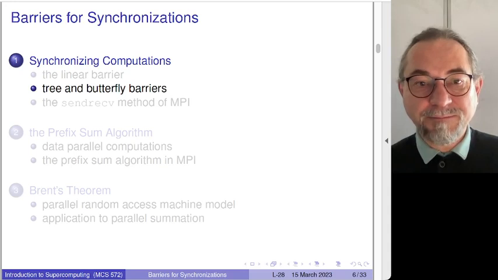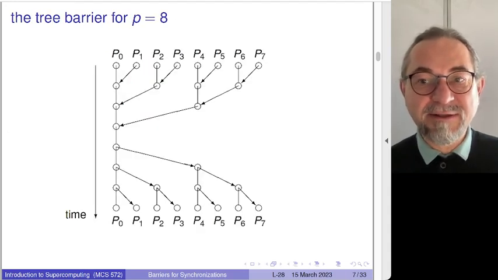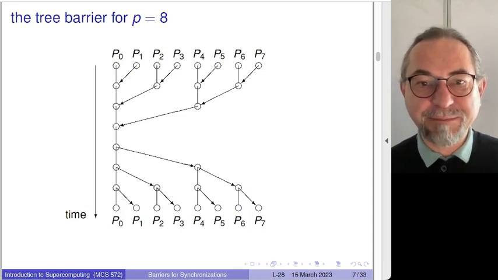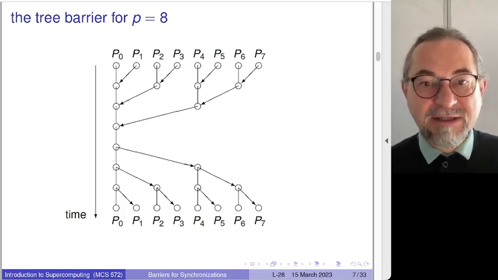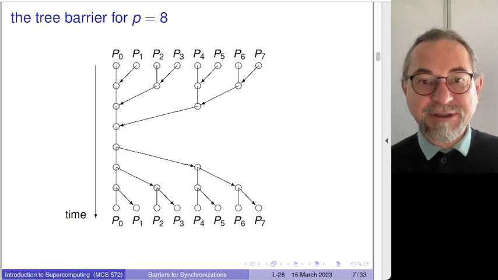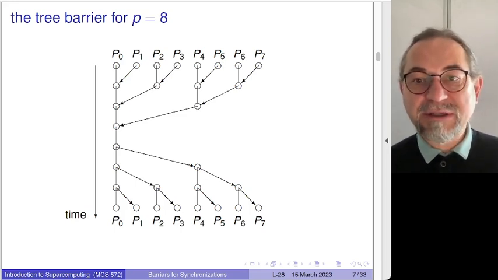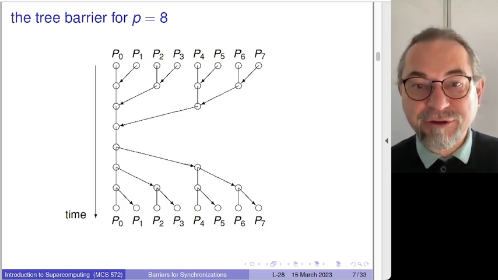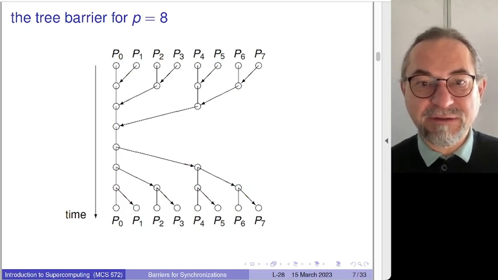Here is then a tree barrier. I illustrate the idea with a picture. You can see that already for 8 processors there is a speedup. There are 3 steps in the arrival or trapping phase, and 3 steps in the departure and release phase.